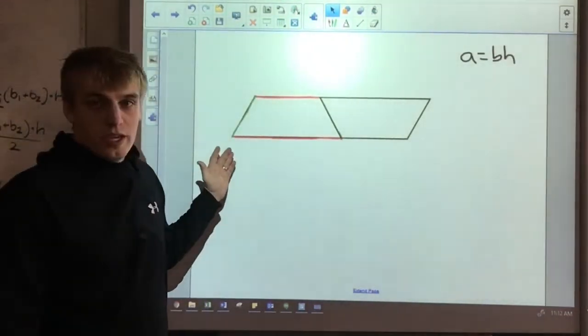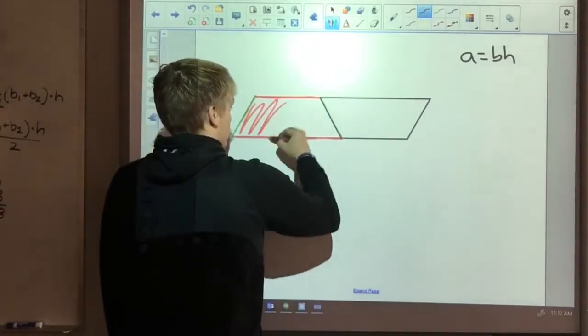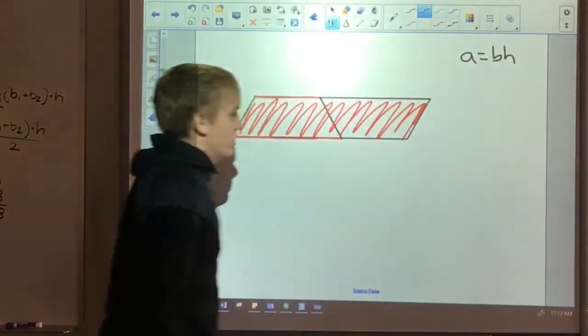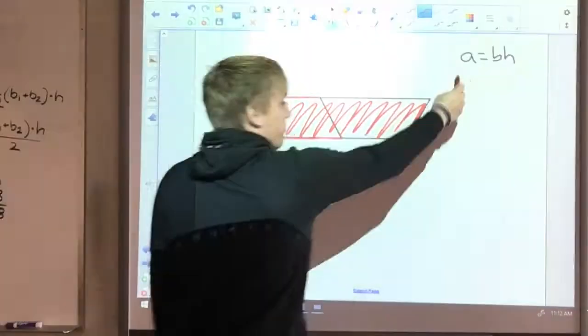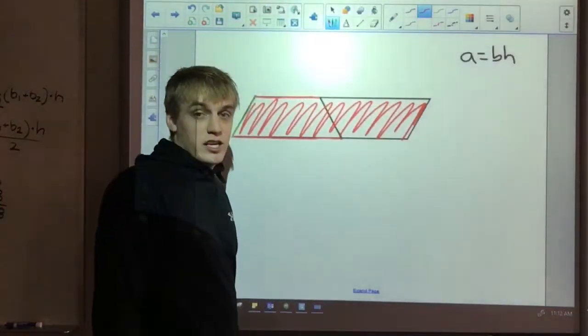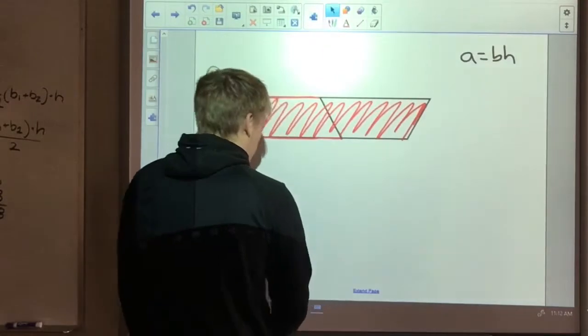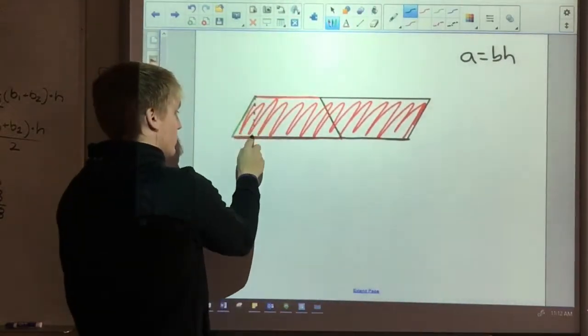Can you tell what that makes? Okay, if you shade this in, that whole shape is a parallelogram. Okay, so the formula for a parallelogram is area equals base times height. So you would take this entire base and multiply it times the height.